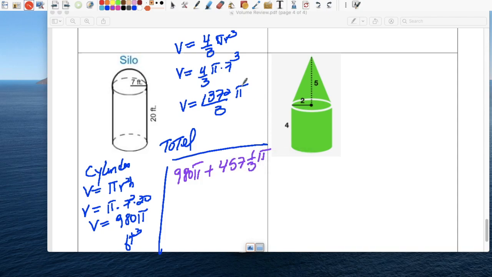So we get 980 plus 457, so whole number wise it's 1,437 1/3 pi. That's the answer in terms of pi, feet cubed.